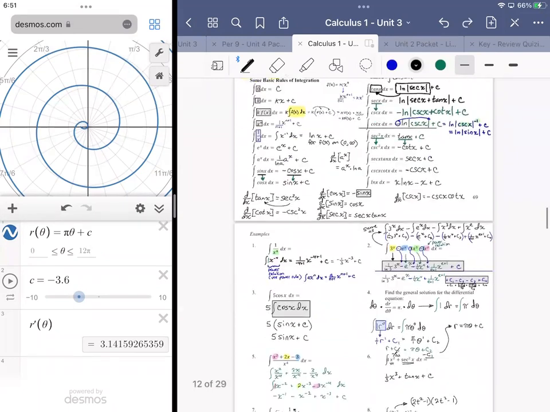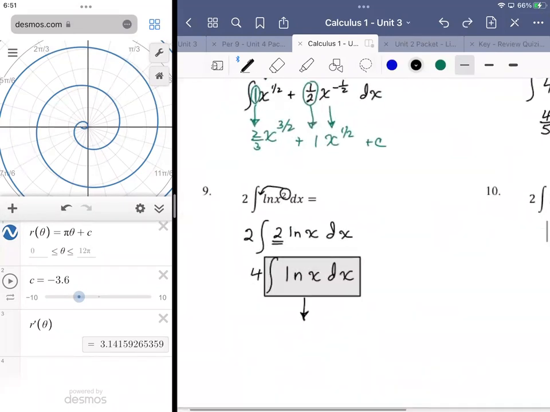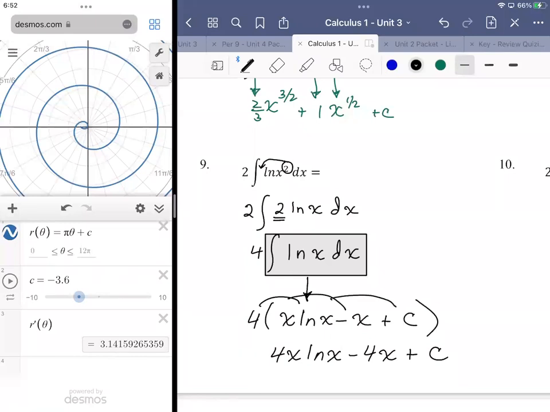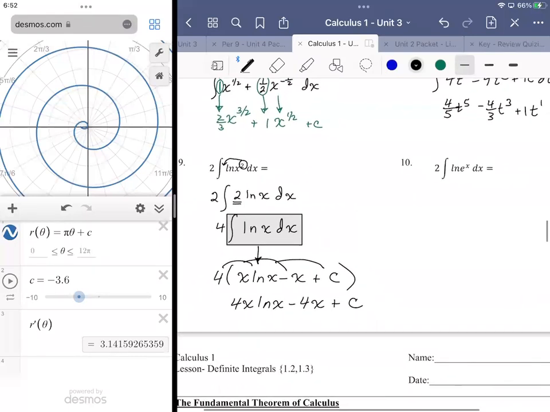It's right at the bottom of page 69. So 4 times (x ln x minus x plus c) is going to become 4x ln x minus 4x plus c. Because again, when you distribute this, it's going to get absorbed by that c.